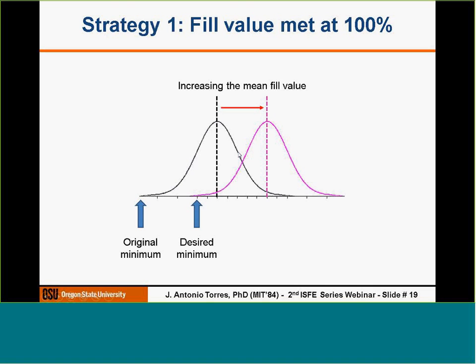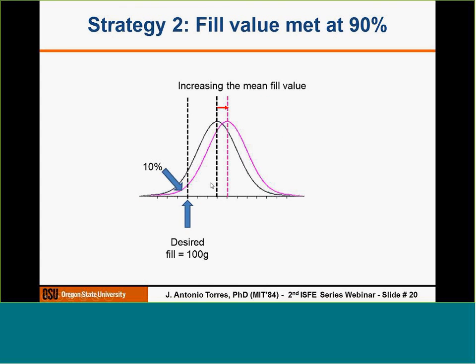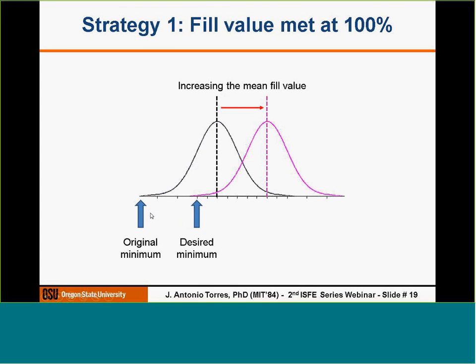When we look at the statistical distribution, we'll find they look like this. This is the mean, and this will be generated using variation of that filling station. And here we generate a minimum value.